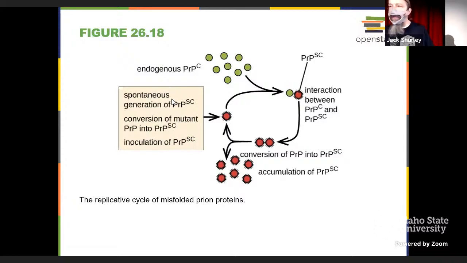It can happen just by a mutation. It can happen by the consumption. And once it gets in there, the middle stuff is happening where those mutated proteins convert the normals, all right? So this causes all sorts of issues, but we basically describe them as spongiform encephalopathies.